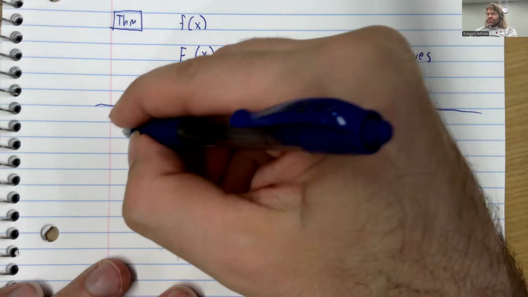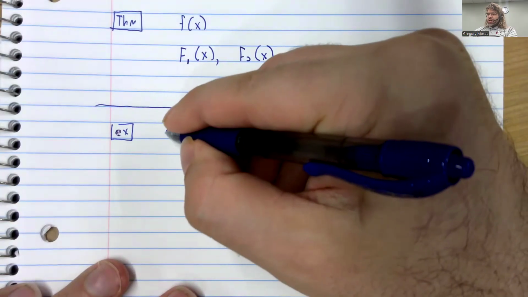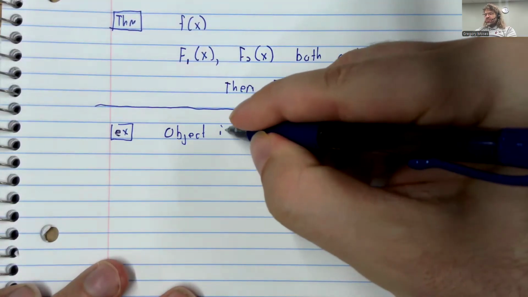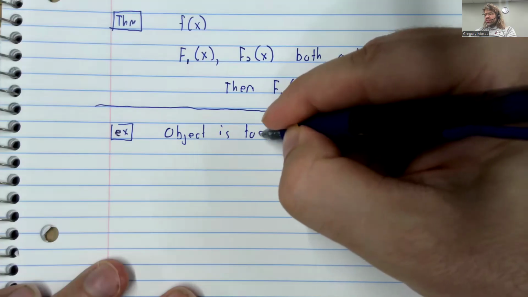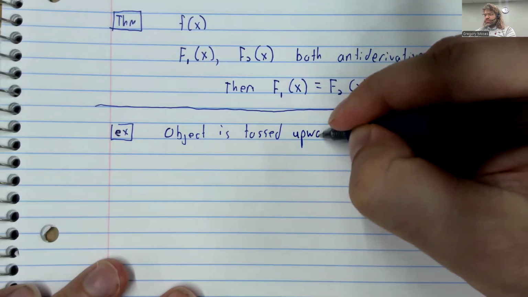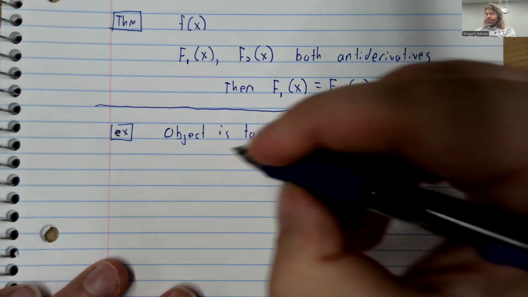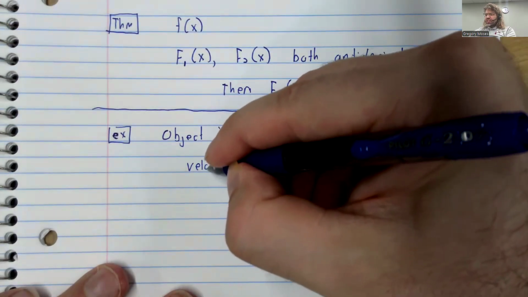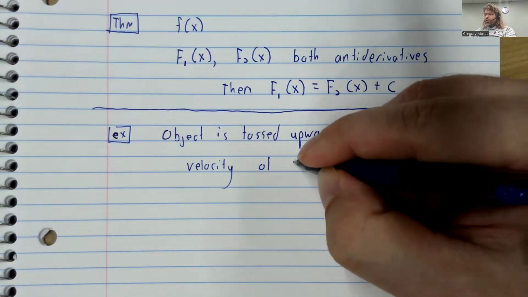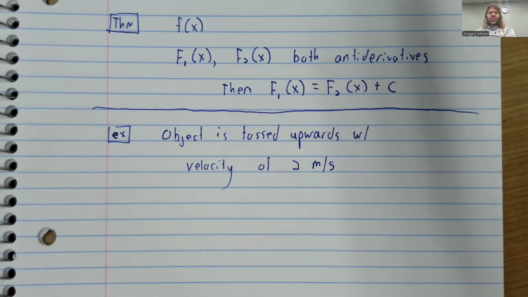Let's look at an example. An object is tossed upwards with a velocity of 2 meters per second.